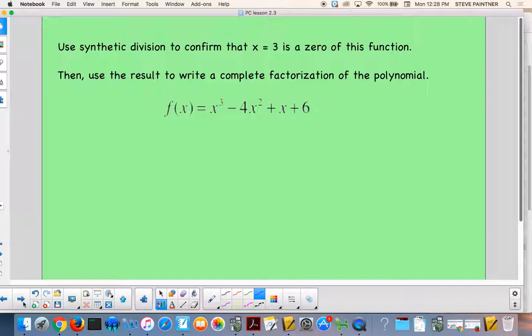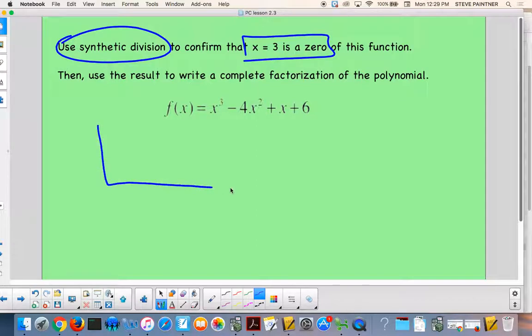Okay. Use synthetic. They're telling you to use it, so you got to use it to confirm that x equals 3 is a 0 of this function. Okay, just do that. Is it a 0? Really, that's what they're saying.